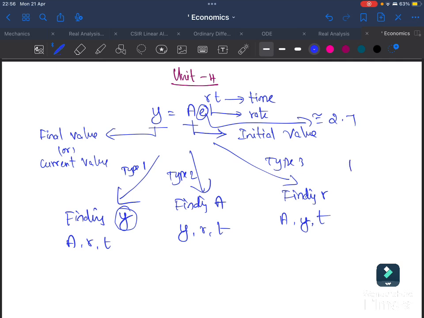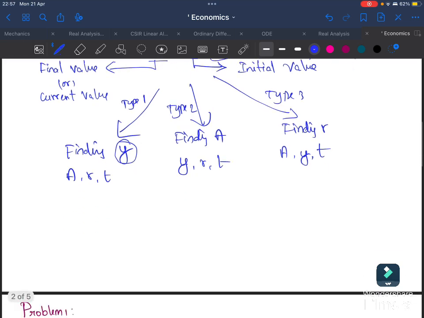Instead of writing a into 2.7, which is an irrational number, power rt, we use a specific notation e. So this is a single formula you have to remember: a into e power rt, and three types: finding y, finding a, and finding r. Now you need to classify the given problem into the type it comes under. That's the next step.